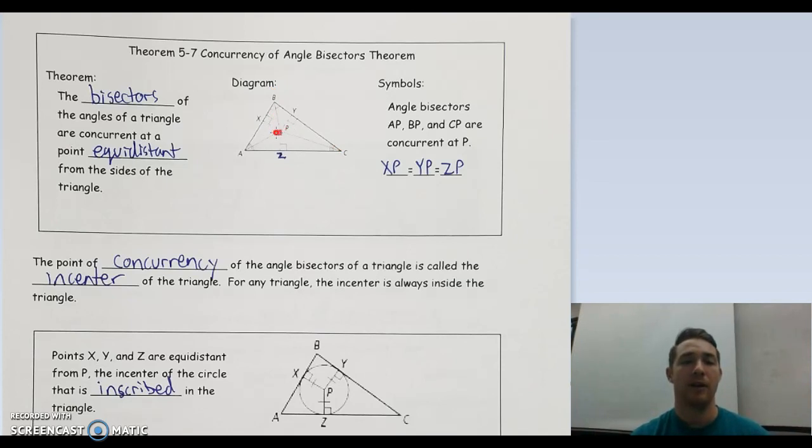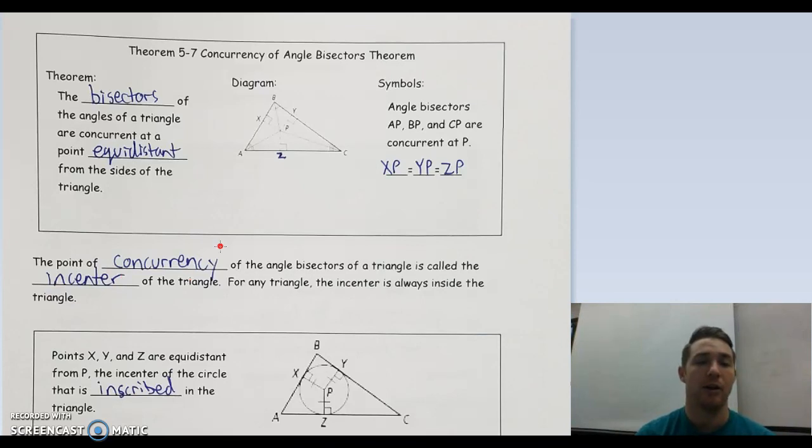And what that means is your length to each side, so here, here, and here, those should all be the same length. I drew that a little bit sideways, but XP, YP, and ZP should all be the same length, since I'm trying to get the concurrency that's the same distance from all 3 sides. So the point of concurrency, in this case, we call an incenter. Remember last time it's circumcenter because it's circumscribed around that circle.